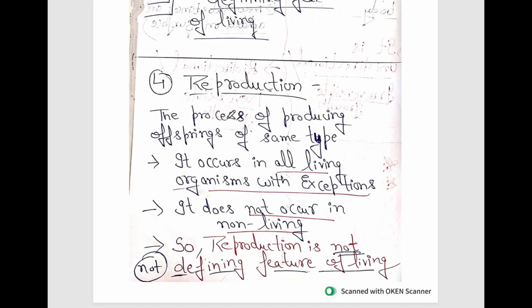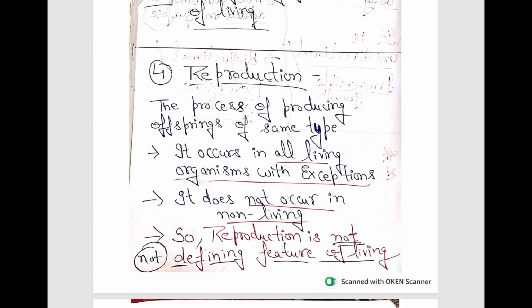Now, reproduction. You know that reproduction is the formation of a new individual of the similar kind. That means production of a new individual or progeny is called reproduction. Reproduction in multicellular organisms is production of progeny possessing features more or less similar to those of parents.